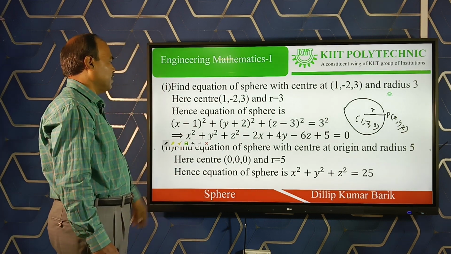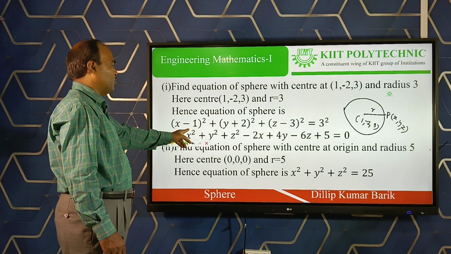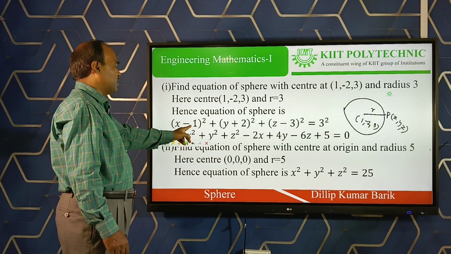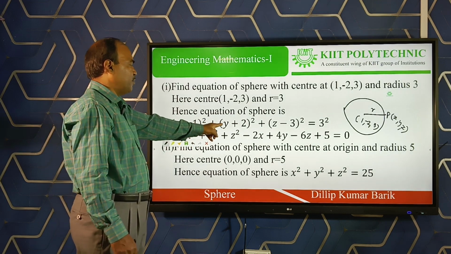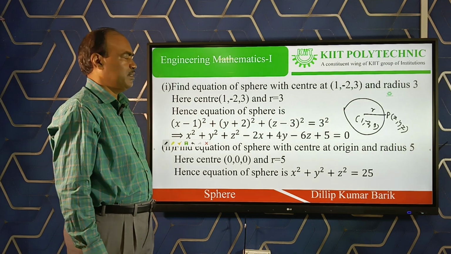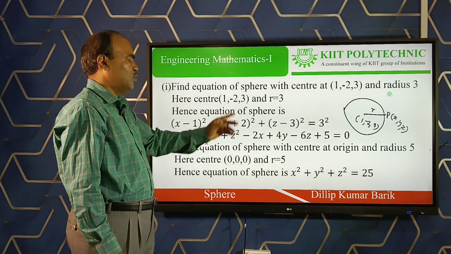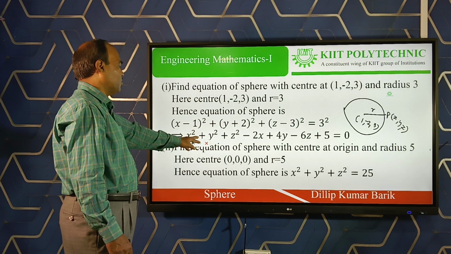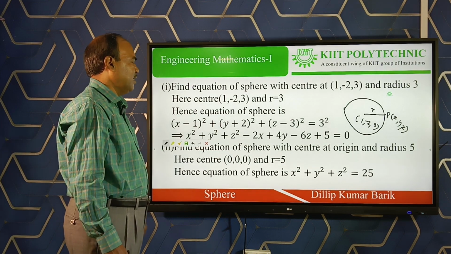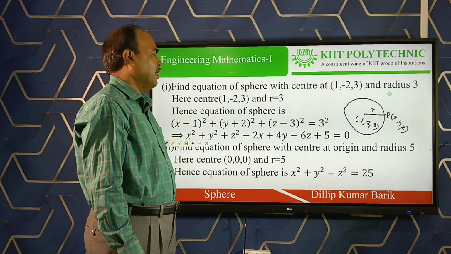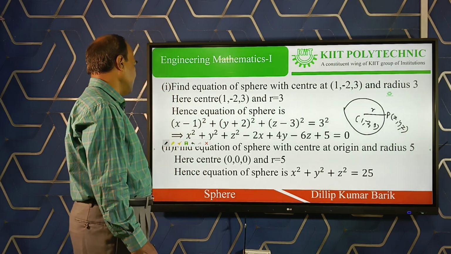After simplification using the formulas for (a minus b) whole square and (a plus b) whole square, we get x square minus 2x plus 1, y square plus 4y plus 4, and z square minus 6z plus 9 is equal to 9. So lastly it is x square plus y square plus z square minus 2x plus 4y minus 6z plus 5 is equal to 0.